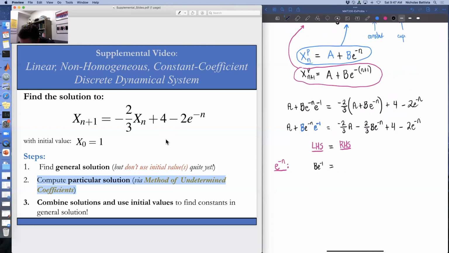Now on the right side, when we do a similar thing, that would be this exponential term that has a factor of, in this case, minus 2 over 3 times b attached to it. And we also have this second term, the minus 2 times e to the minus n. So the coefficient would be the minus 2.